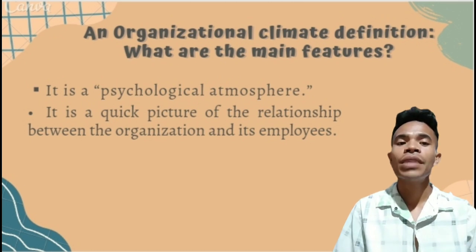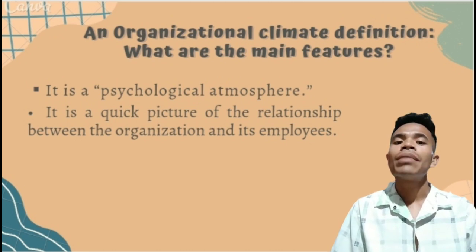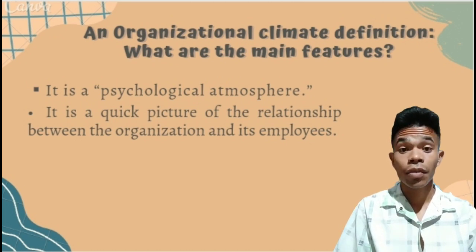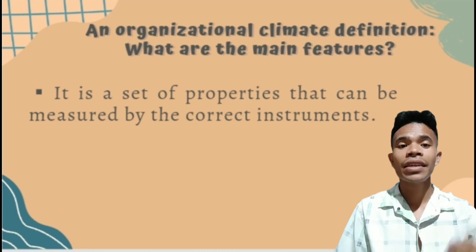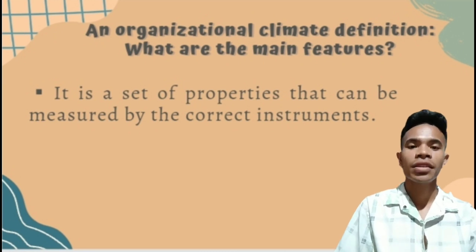It is a quick picture of the relationship between the organization and its employees. The organizational climate provides a snapshot or overview of the relationship between the organization and its employees. It reflects the quality of communication, trust, support, and cooperation between the two parties.